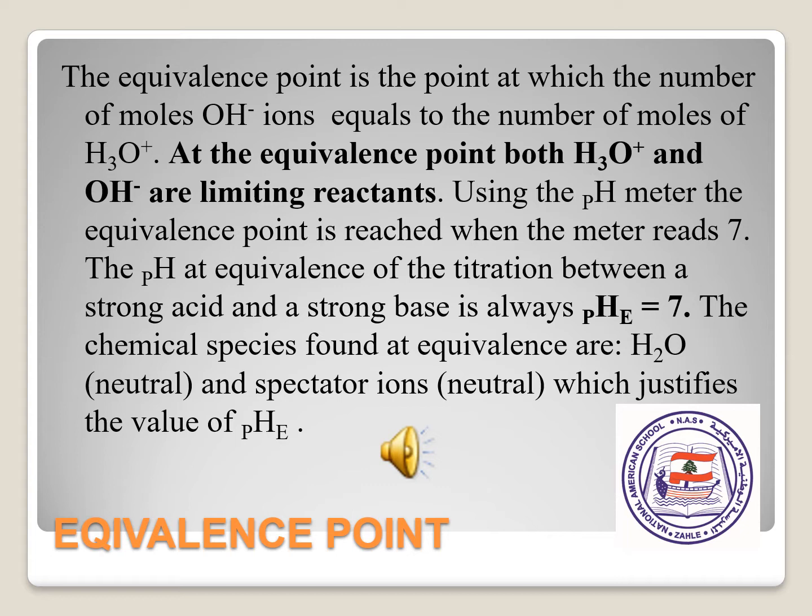Remember, the spectator ions are Cl⁻, Br⁻, Na⁺, K⁺, NO3⁻. All of those are spectator ions, which are also neutral. Given these facts, the pH equal to 7 is justified.